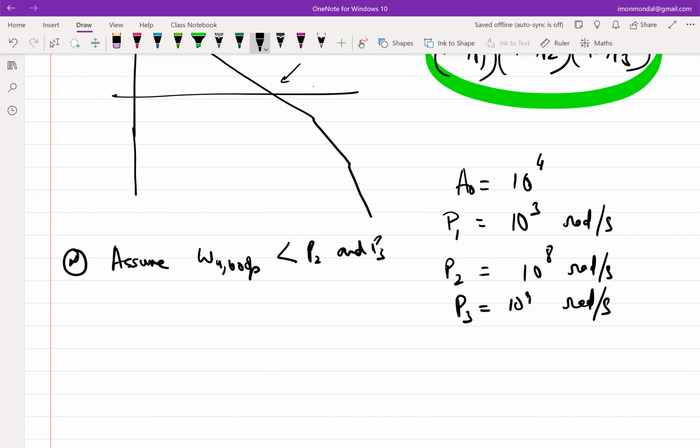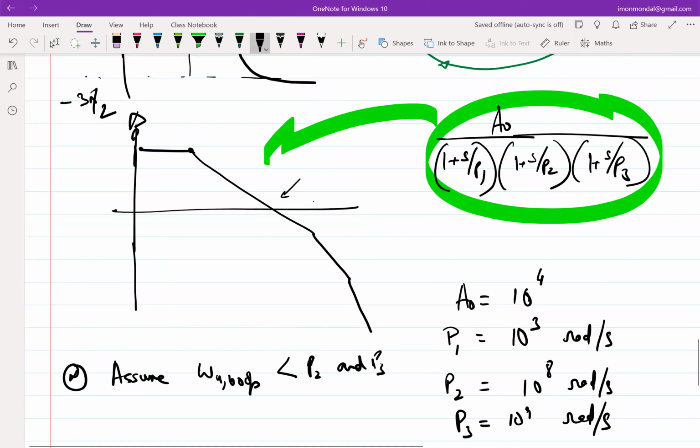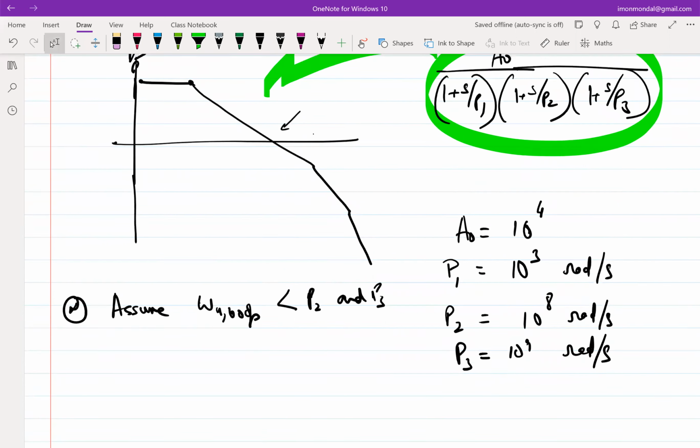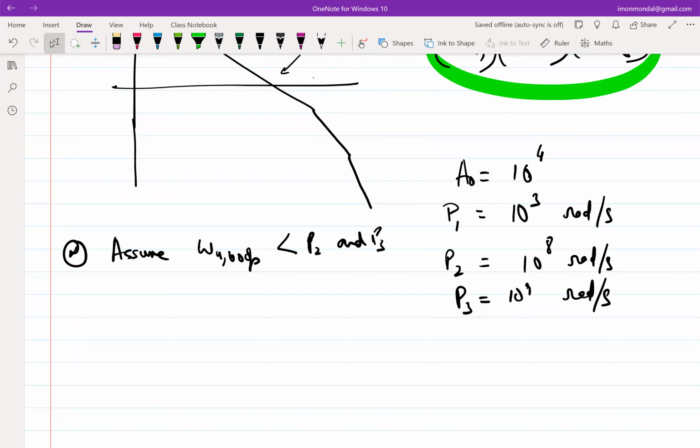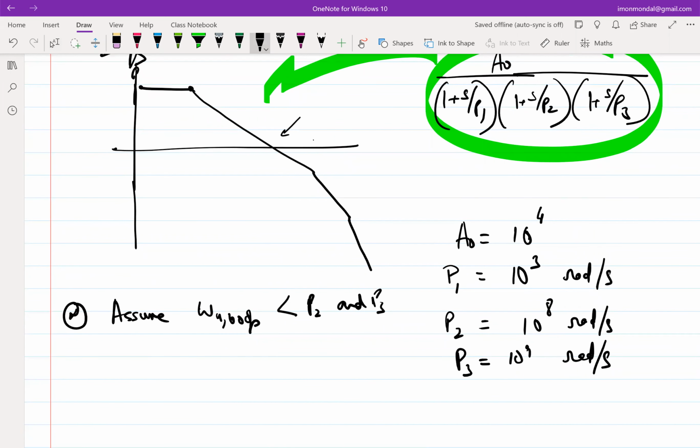If you do that, my Bode approximation becomes really simple. Around omega U loop, the transfer function becomes A naught by 1 plus S by P1, ignoring these two terms. And 1 plus S by P1, I can assume to be S by P1, so this is P1 by S. This has to be equal to 1.